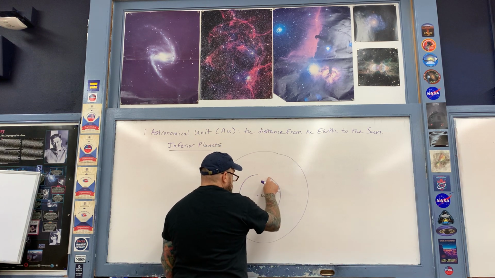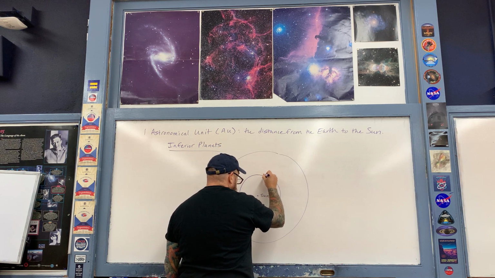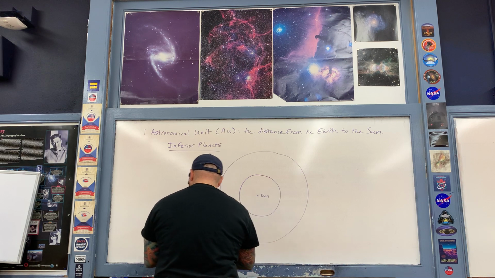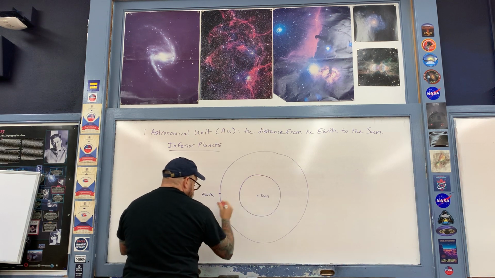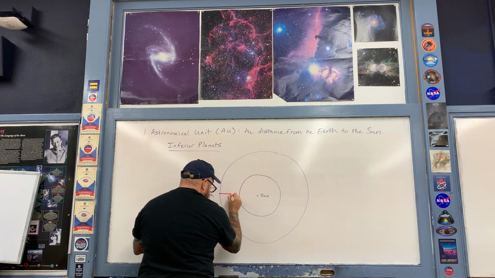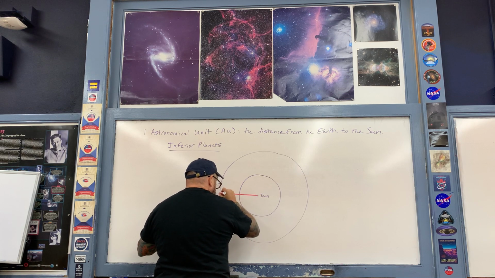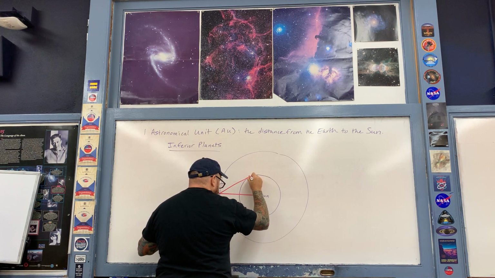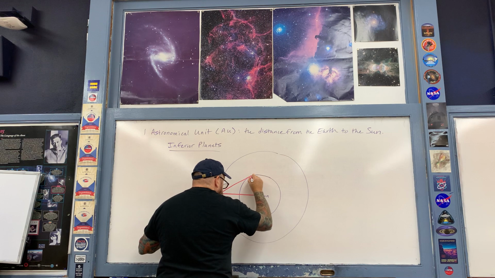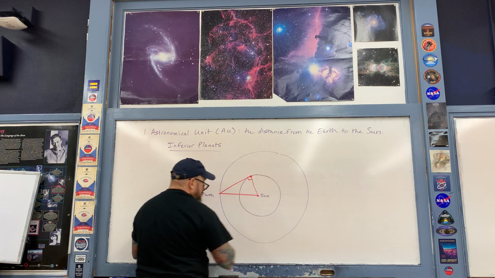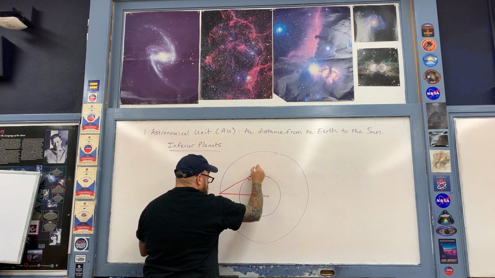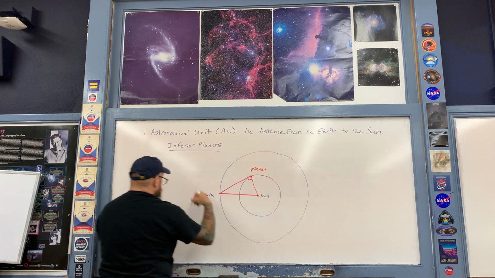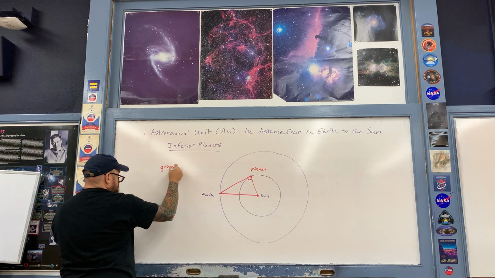Okay, let me kind of clean up the diagram here a little bit. Like so. And then I'm going to go ahead and construct my right triangle like this. Right here is the right angle, and then right here is the planet at greatest elongation.